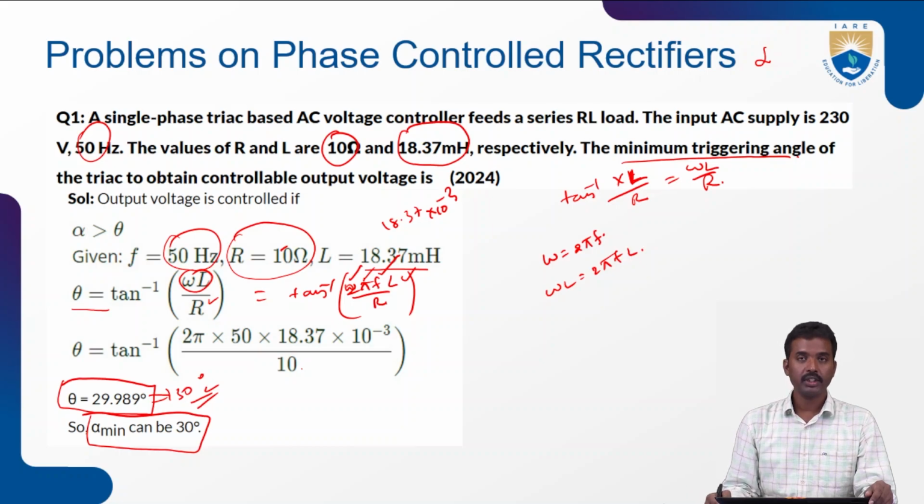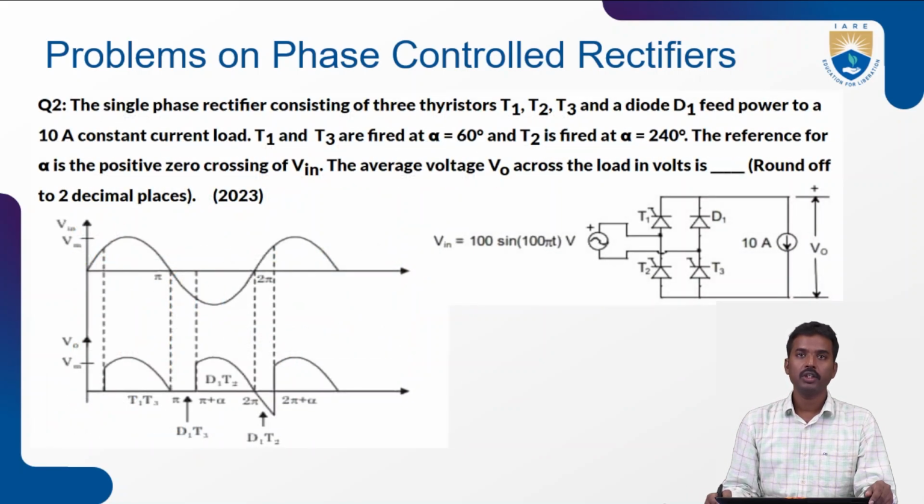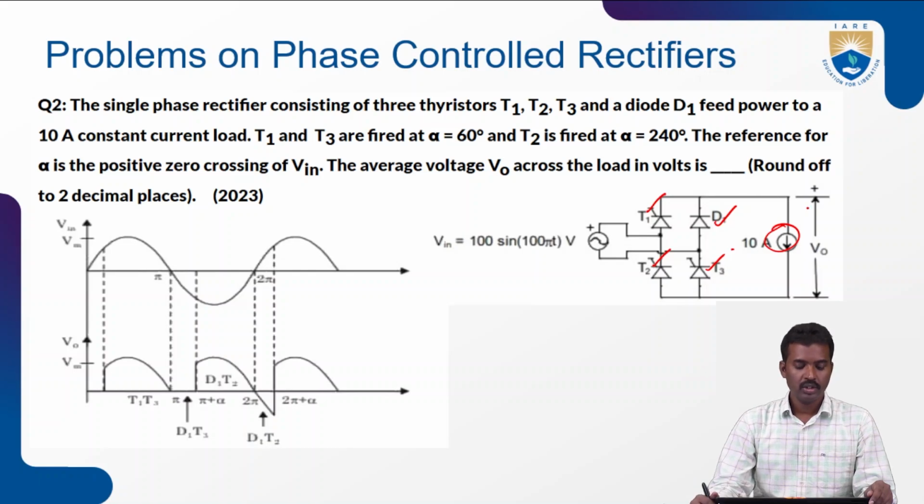Now the second question, GATE 2023. The single phase rectifier consists of three thyristors, T1, T2, T3, and one diode, and feeds power to a 10 amp constant current load.